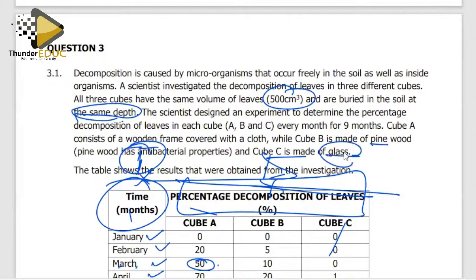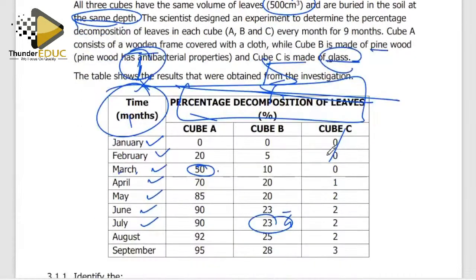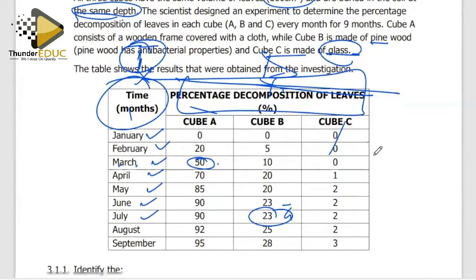Yeah, it's because of that. Bacteria in the soil could not reach the leaves easily, you see. So you can talk about that. Bacteria wouldn't move to the point where they are supposed to get the leaves to decompose them.